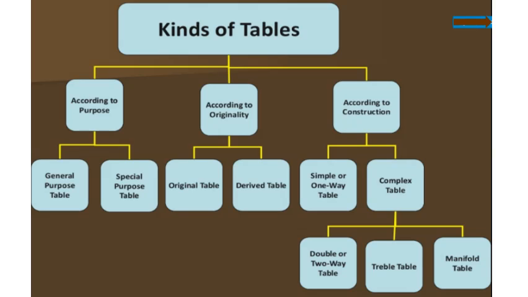And one more is manifold. Manifold, we can present more than 3 features of the data in a table. When a table is presenting more than 3 features of data, then that is known as manifold.